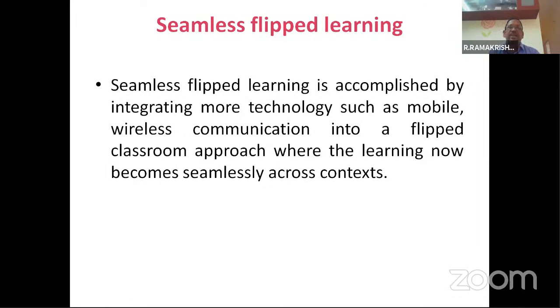In seamless flipped learning, the student has the opportunity to access other facilities, such as field trips and what is learned from the field trip, and other learning environments apart from school or college. Those are also built in, and mobile and wireless communication play a very significant role in implementing seamless flipped learning, apart from the video, audio, and other forms of material provided in electronic form by the concerned faculty. So this is called seamless flipped learning.